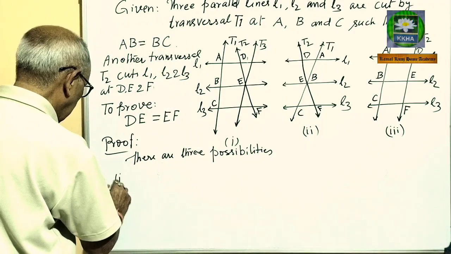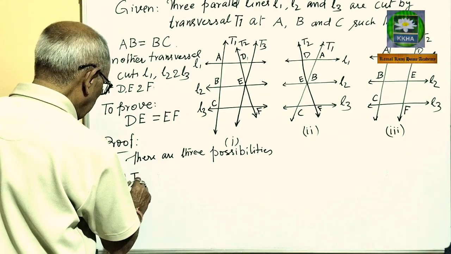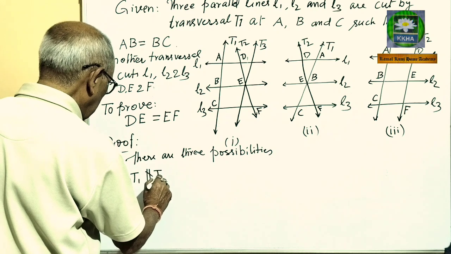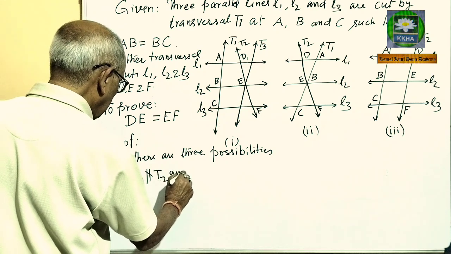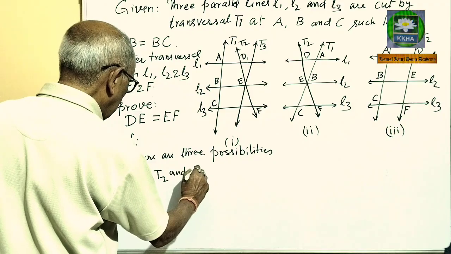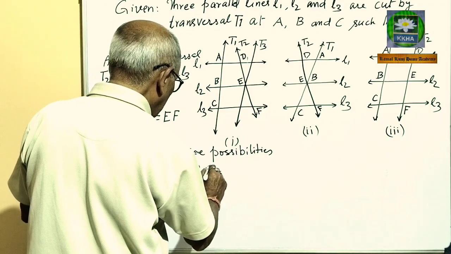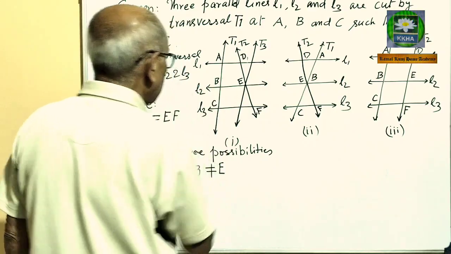Number one, T1 is not parallel to T2 and B is not equal to E, this case.